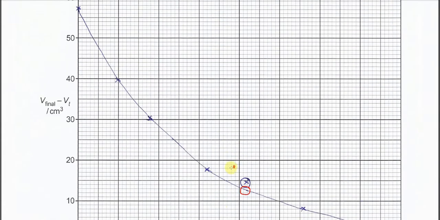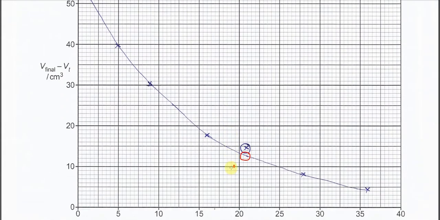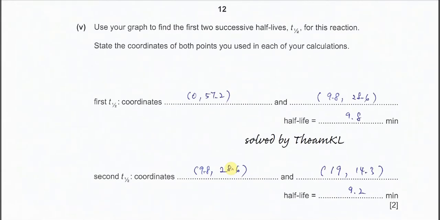Okay, so this is a graph. You can do much better than me again. This is the part that is quite challenging. You have to use the graph to determine the half-lives. Use your graph to find the first two successive half-lives for this reaction.